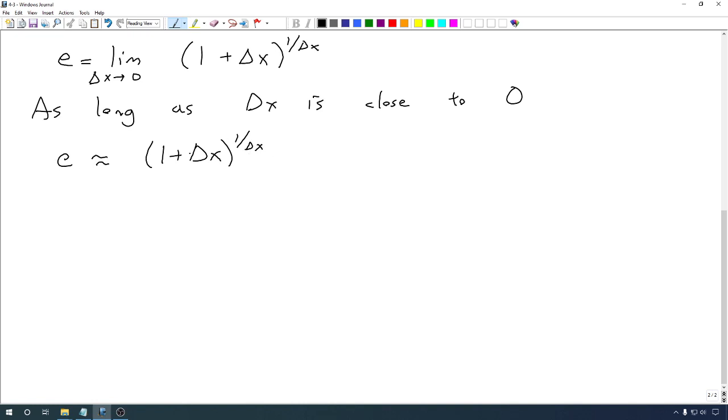Let's take the delta x power of both sides. I'll get rid of the 1 over delta x that we have over here. So we have e to the delta x is approximately equal to 1 plus delta x.